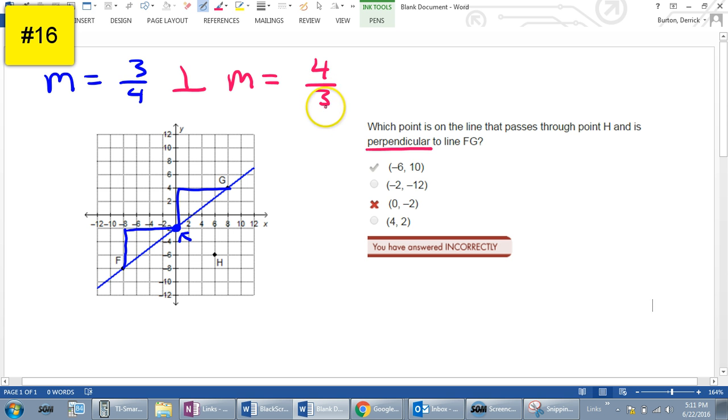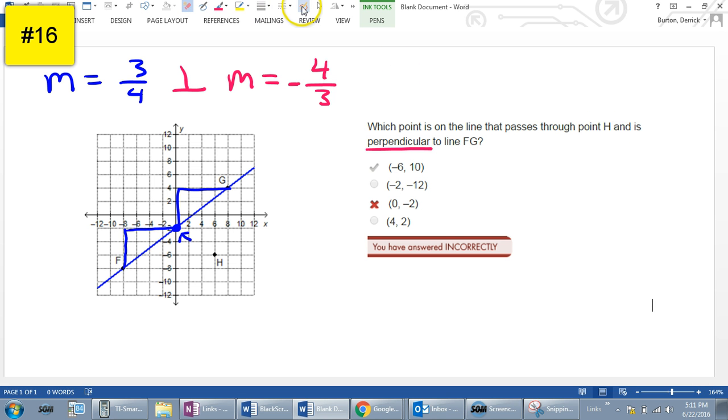So we've done the reciprocal, but if the first one is positive, then the perpendicular one has to be negative. So I know I'm dealing with a negative 4 over 3, which again, at a glance, means that it should be going downhill. Okay, so just keep that in mind. Should be going downhill.